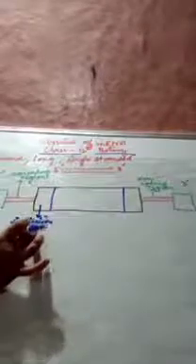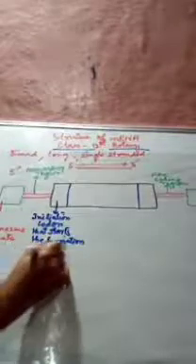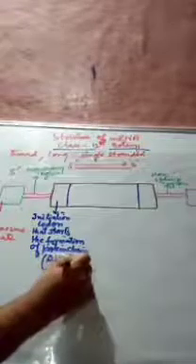That means here the process of initiating the code takes place, and that initiation codon starts the formation of the protein chain. The codon is mainly AUG, or you may write it as CUG. Now, this is the initiation codon.